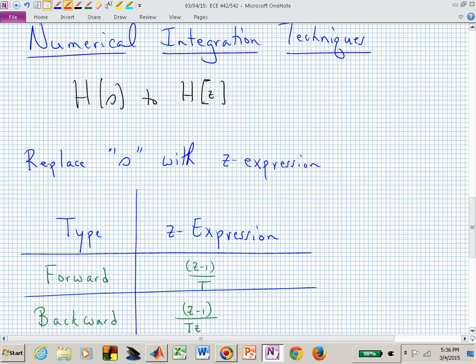which were concerned with finding these conversions for systems represented in the frequency domain, these H of S's to H of Z's.